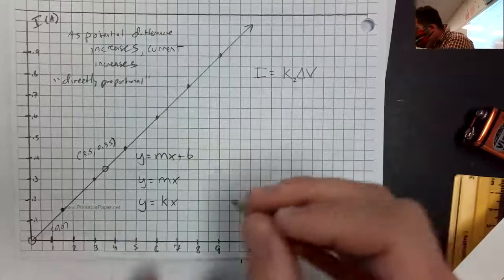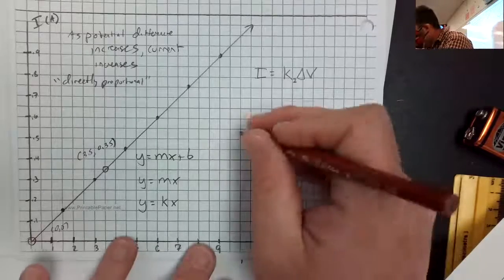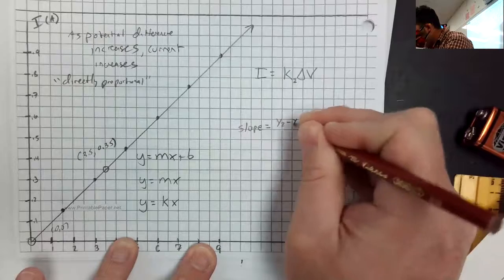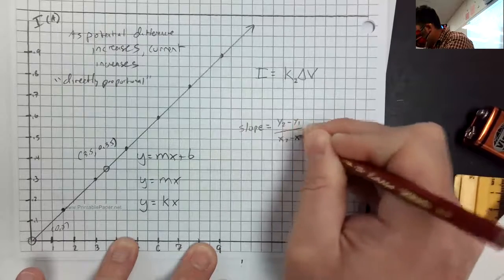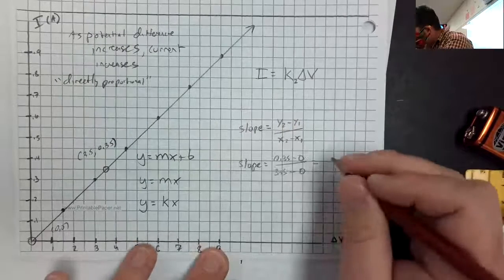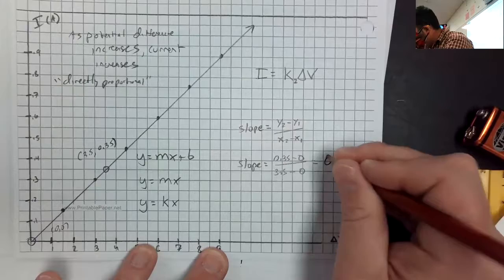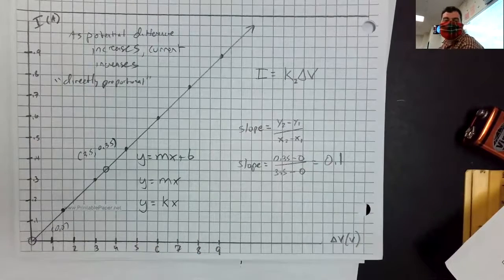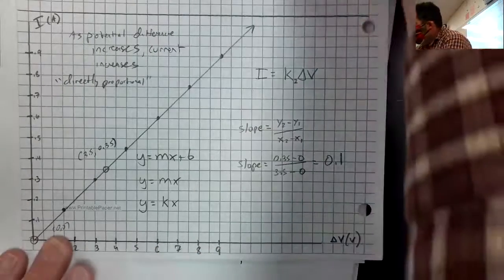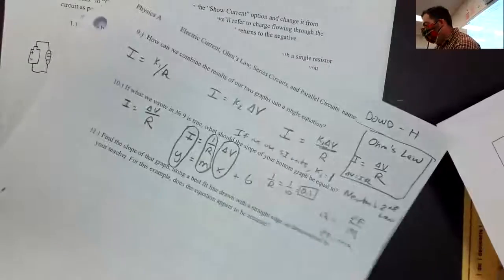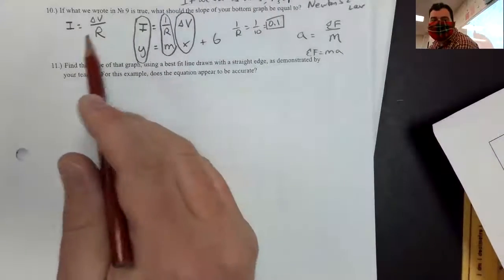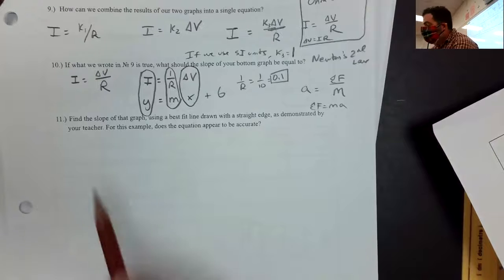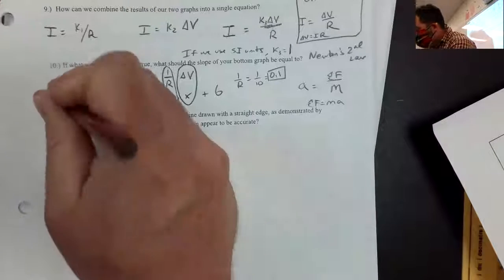I think you guys can see that that is going to give me the slope I want, but let's do it just in case. And that's 0.1. All right, so this equation is valid. So now we can use this equation, or its cousin.